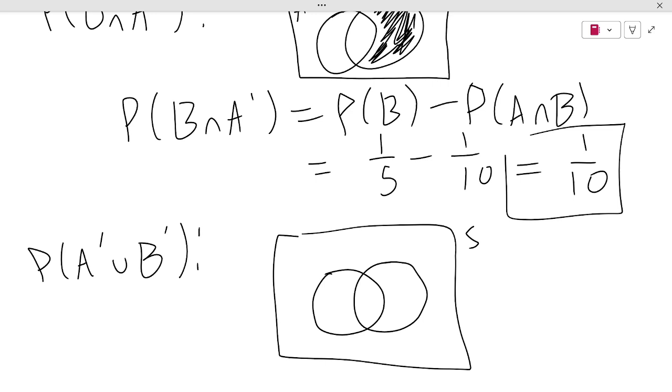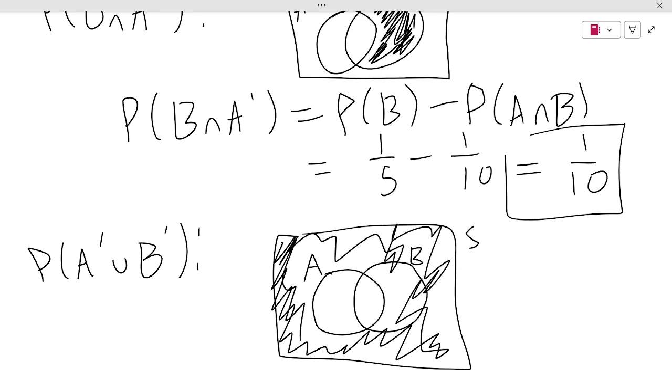So it includes things that are not within event A or B, because events A or B aren't necessarily our only outcomes, especially in this case because they're only equal to 1/5 probability. It doesn't seem likely that those are the only two events that we're going to have, only two possible outcomes. So if this is saying not A, well, not A is everything outside of this circle, outside of the A circle.